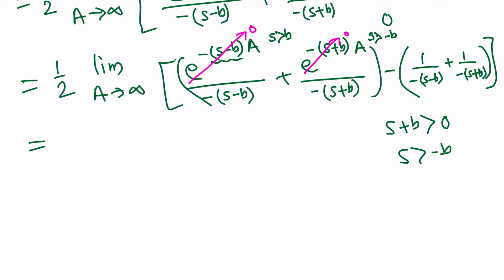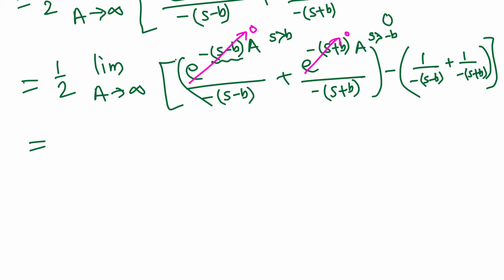So these are two restrictions: s is bigger than b, and s is also bigger than negative b. So this whole thing is now 0, because 0 over some number is 0, and we are left with the rest. There is no a left, so there is nothing more to do. Now I can distribute the negative sign: negative times negative is positive, so 1 over s minus b, and similarly 1 over s plus b.